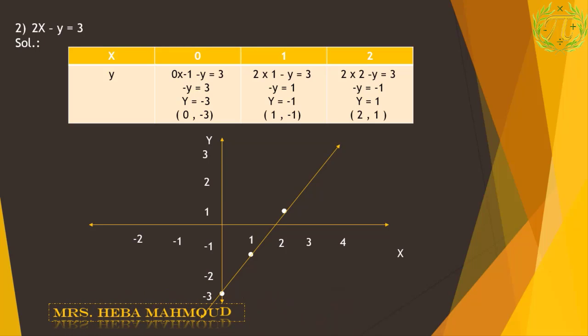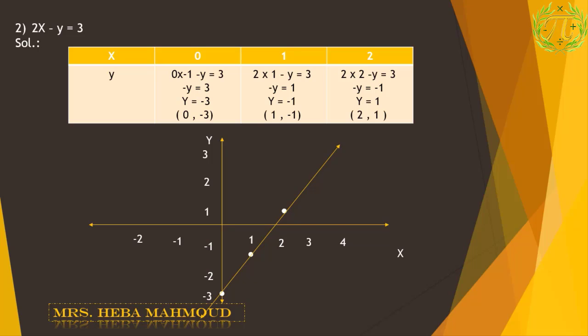Example 2. 2x minus y equals 3. Solution: now we take any values of x and substitute in the relation to find the value of y. So if we choose x equals 0, it will be 2 times 0 minus y equals 3, so y equals -3.